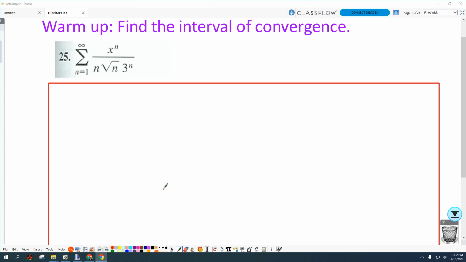The ratio test is like you do the a sub n plus 1 thing. So the n plus 1 term over the nth term. Okay. Yep. You have another way.